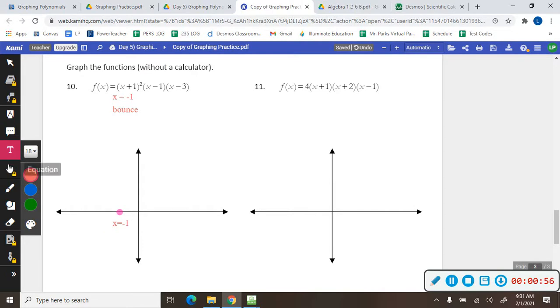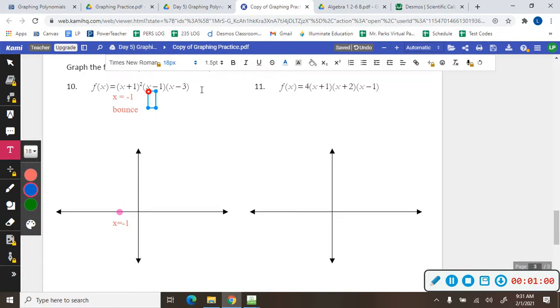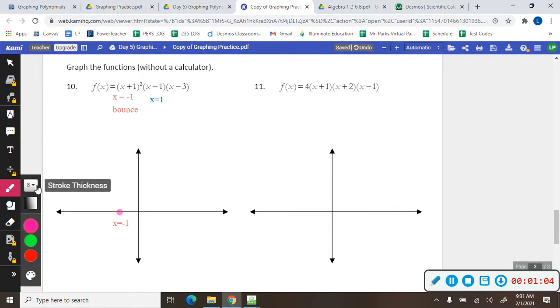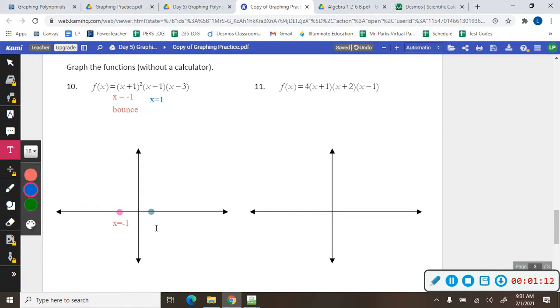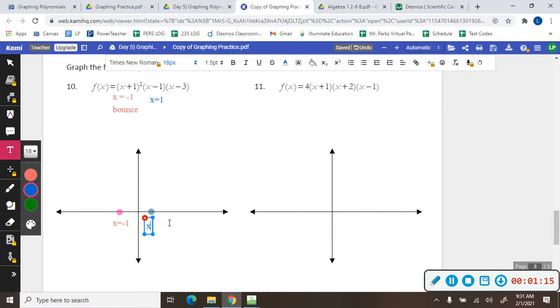And then at x minus 1, the solution would be x equals 1. So that'd be about right there at x equals 1. And that's going to go straight through.